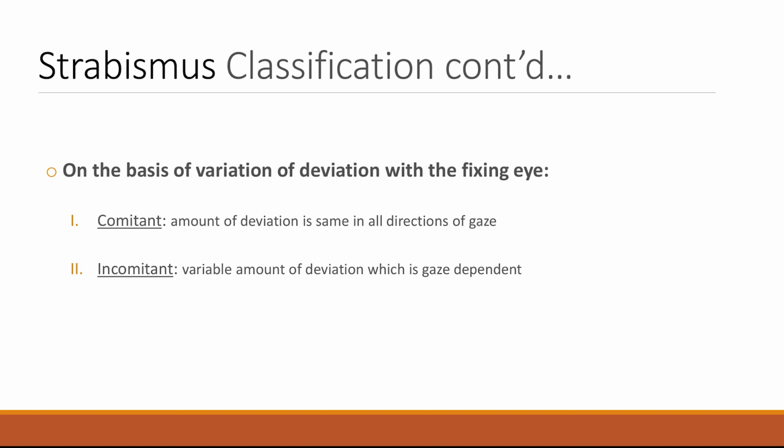So the deviation is different in different gaze positions, while in concomitant the deviation is the same in all directions of gaze.